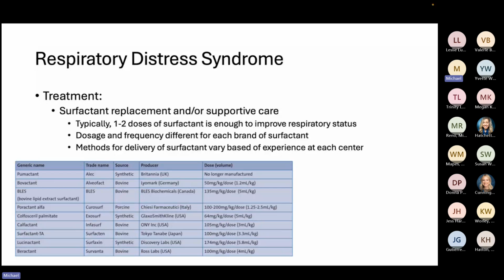And we feel like the higher volume of Survanta is actually allowing the surfactant to get more places. Even though Survanta is thought to be maybe a less efficacious version because it has very little surfactant protein and is almost all just the phospholipid component, it is the highest volume of them, and that seems to help.